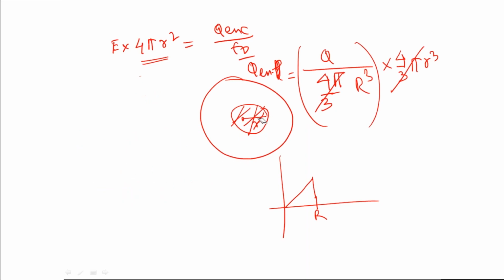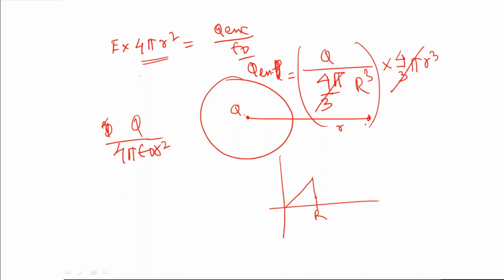For a point charge, how do you calculate? That is Q by 4 pi epsilon naught r square. So for an outside point, you have to think that if Q is given, the whole charge is concentrated as a point charge exactly at the center.